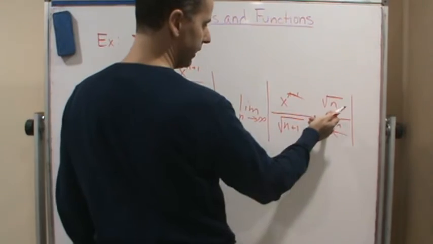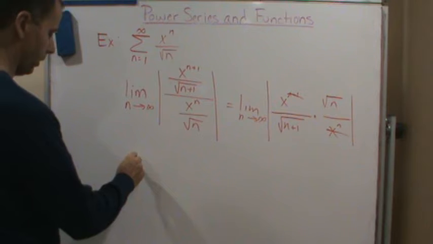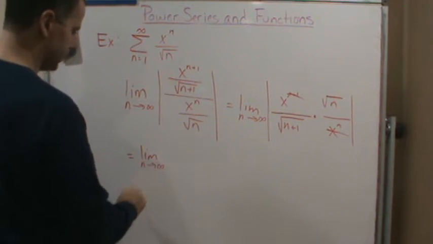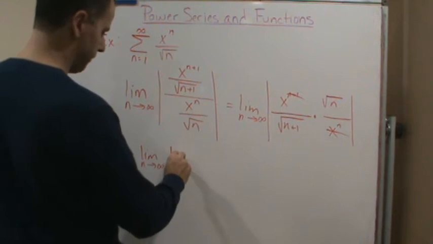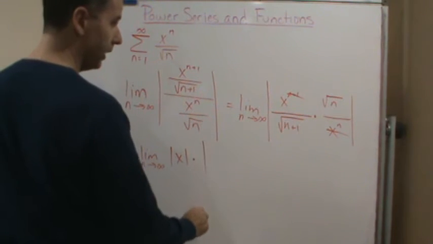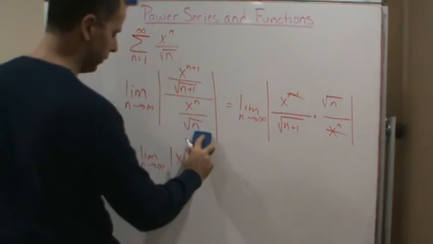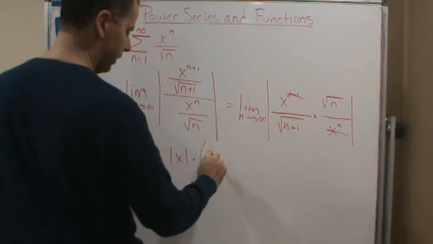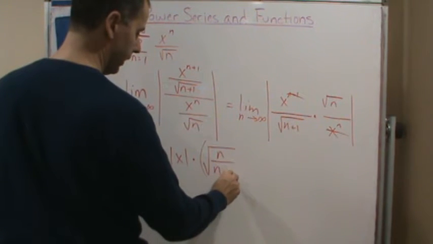And then notice that we get a square root that we can combine. So this is going to be the limit as n approaches infinity of the absolute value of x times the absolute value of, well, these are all positive, so I can drop the absolute value for these. So this is going to be the square root of n over n plus 1.